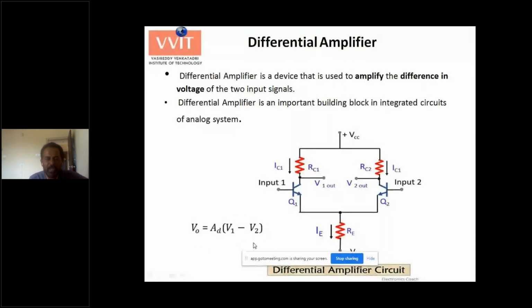So what is happening here? It is amplifying the difference of these two inputs. So this gain is called the differential gain. The output is gain times the difference between the inputs. You can obtain this easily. Refer to any online material, or you can find it in your classroom notebook.